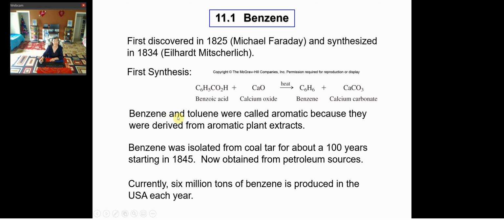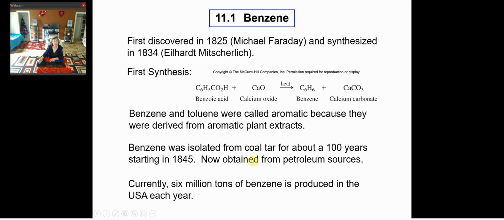Benzene and toluene are very important aromatic compounds. They were called aromatic because they were derived from aromatic plant extracts. Benzene was isolated from coal tar for about 100 years, starting from 1945.